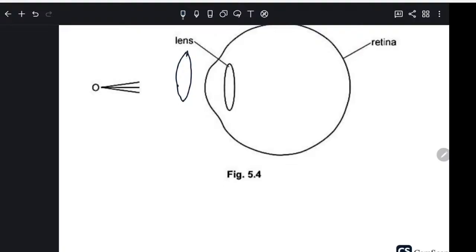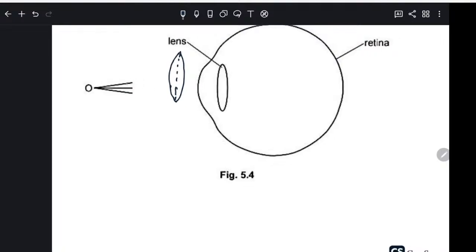Let me move it down a bit. Here, we want to fix this problem. So the rays will come.